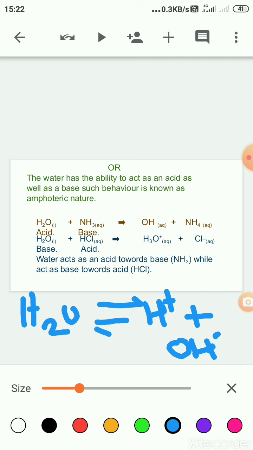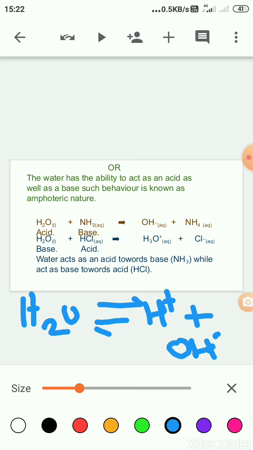Now see what we have seen. The compounds containing H plus ions are called acids. The compounds containing OH minus ions are called bases. When a water molecule reacts with a base, it acts as an acid, while when the water molecule reacts with an acid, it acts as a base.